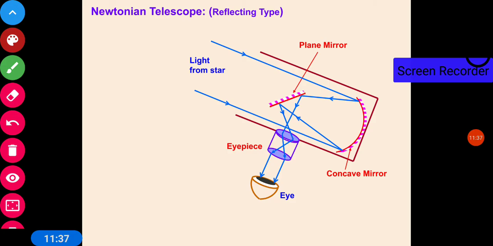Now the position of the plane mirror is adjusted in such a way that it gathers the light reflected from the concave mirror. After reflection from the plane mirror, the rays of light enter into the eyepiece.